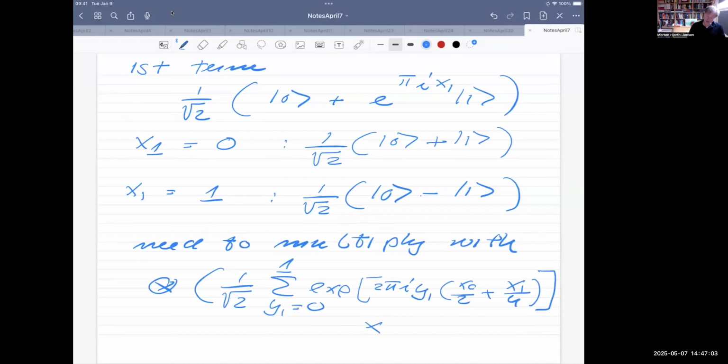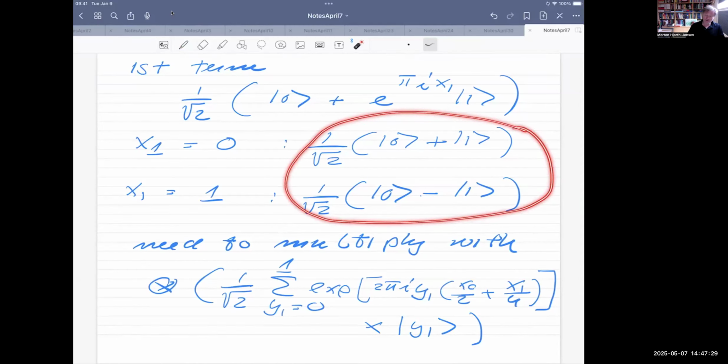And this is multiplied with qubit y1. So if you look a little bit closer at what we have here, depending on the incoming qubit, whether we have x1 equal to 0 or x1 equal to 1, what we are going to see is the operation of a Hadamard gate on the first qubit.